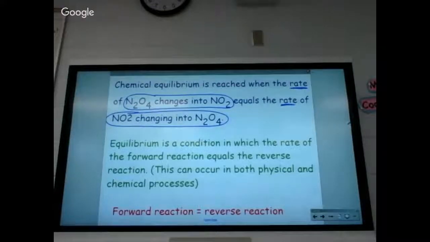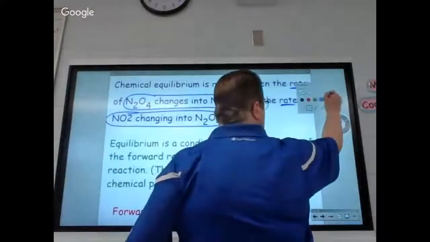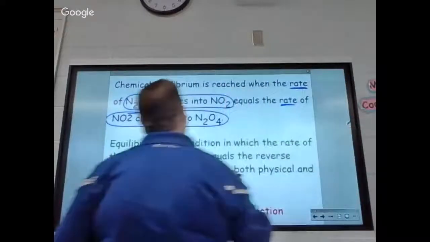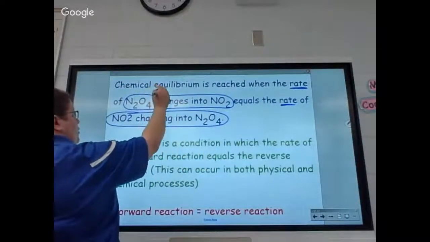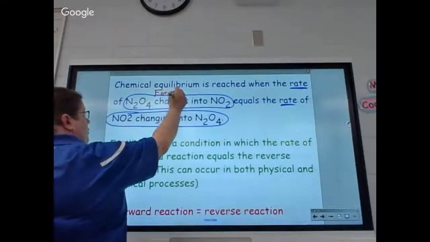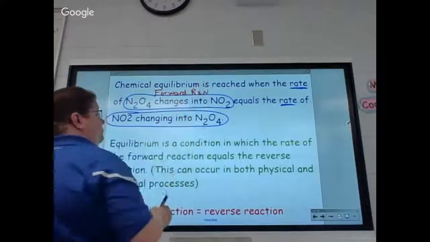Okay? Now, if you look at what's in the blue, this that we just wrote, N2O4 changes into NO2, was what we refer to as the forward reaction, okay?